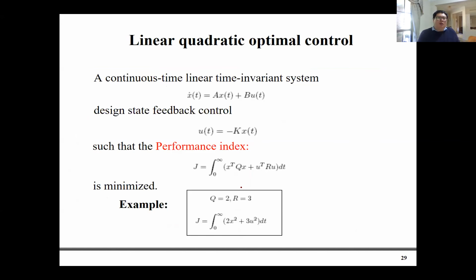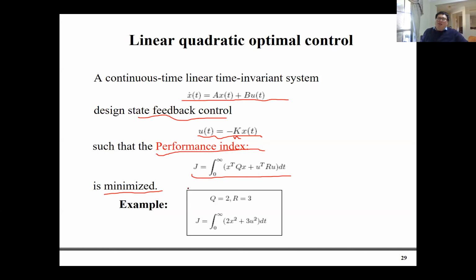All right. So the definition of the linear quadratic optimal control is, suppose we have a standard formulation of the linear continuous time system, and if that system is not stable, then we use the state feedback control by making u equal to minus kx. That is the same as what we have for the pole placement, but we want to find the optimal k such that the performance index is minimized.